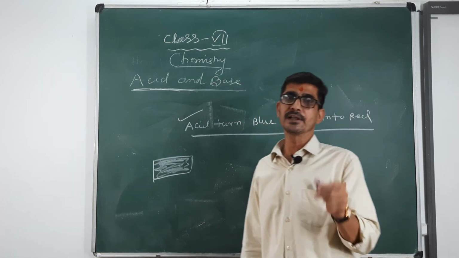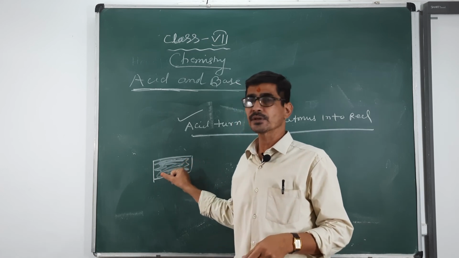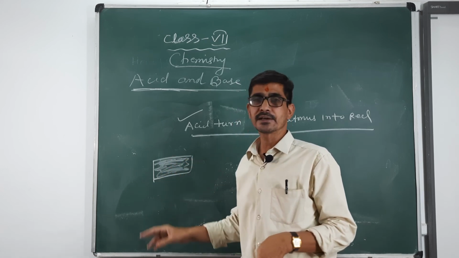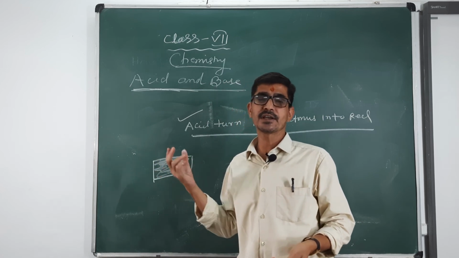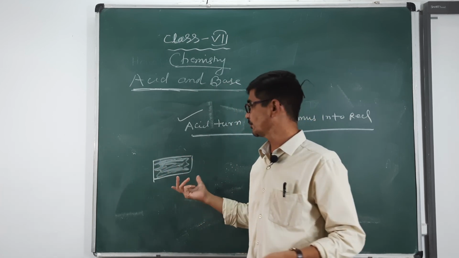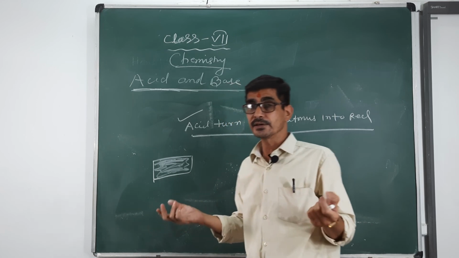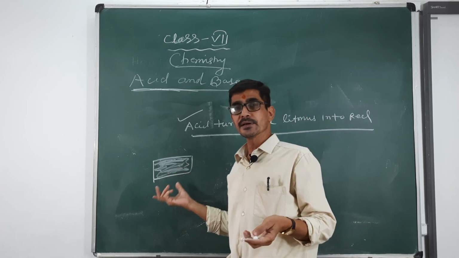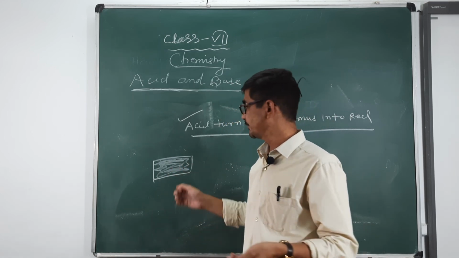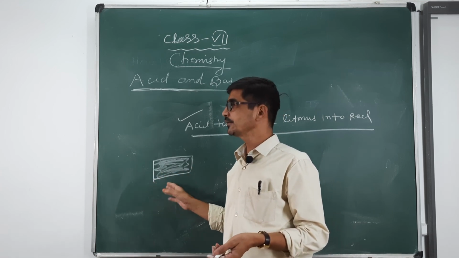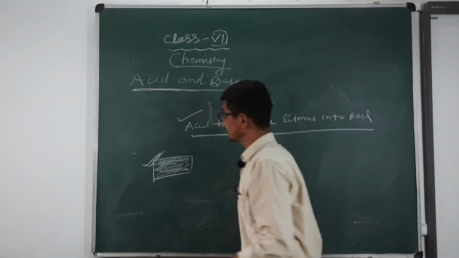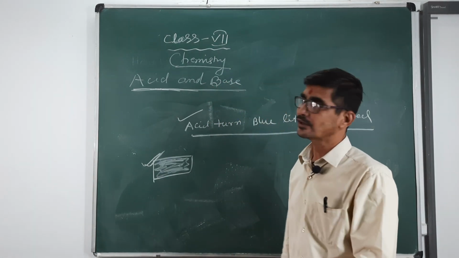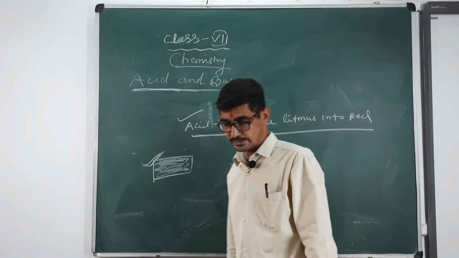But if a piece of lemon juice is placed here, what will happen? The blue color changes into a red colored solution. Lemon contains citric acid, so it turns blue litmus to red. These are very simple things. So this is the identification of acid: sour in taste and turns blue litmus to red.